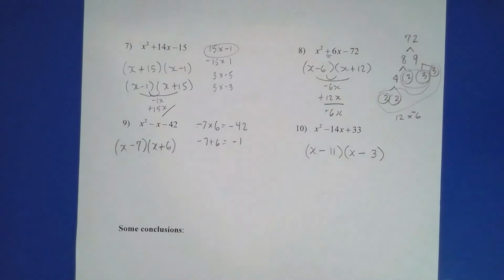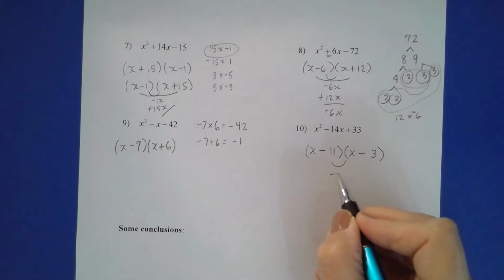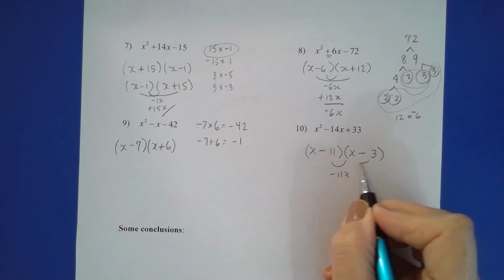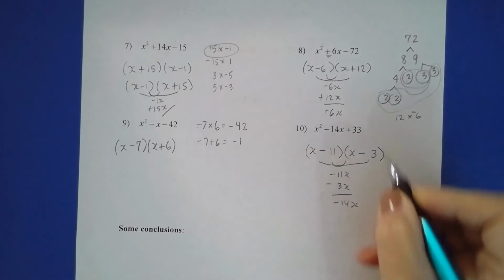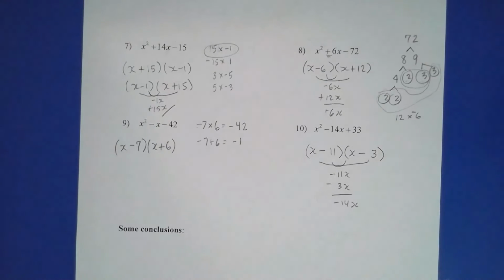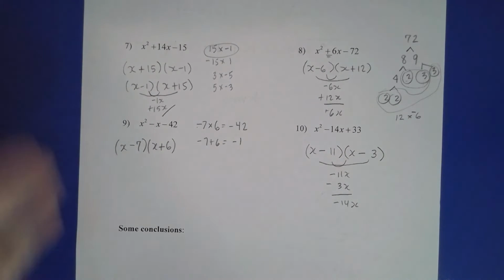How can they both be negative? Yeah, because it's got to add to negative 14x, and it's got to multiply to positive 33. And a negative times a negative is a positive.